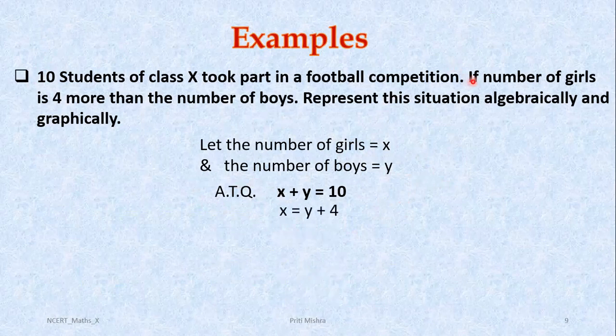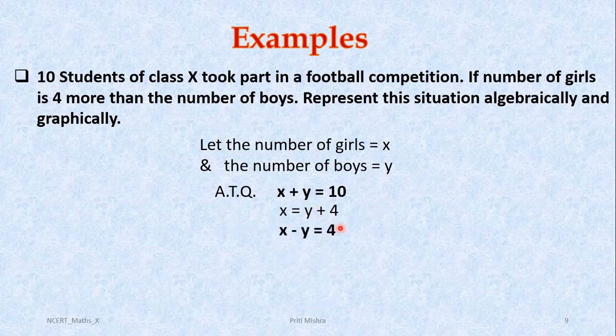On the other hand, they are saying the number of girls is 4 more than the number of boys. The number of girls is x here, the number of boys is y here. So in order to make these two terms equal, we need to add 4 to the number of boys. Then these two numbers will be equal. So the number of girls can be written as the number of boys plus 4: x is equal to y plus 4.